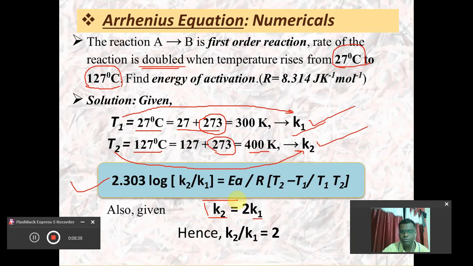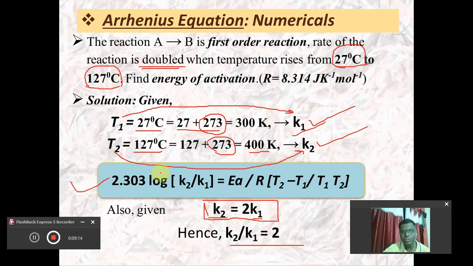So this is the condition given here, that the value of K2 is double the value of K1, meaning the rate constant at 127 degrees Celsius becomes double the rate constant at 27 degrees Celsius. So definitely K2 is equal to double K1, that's why K2 upon K1 is 2, that is, their ratio becomes 2 because K2 is twice K1.